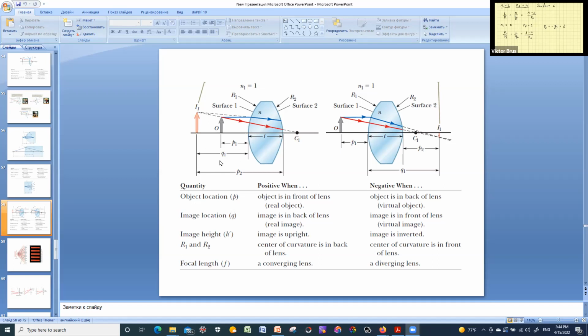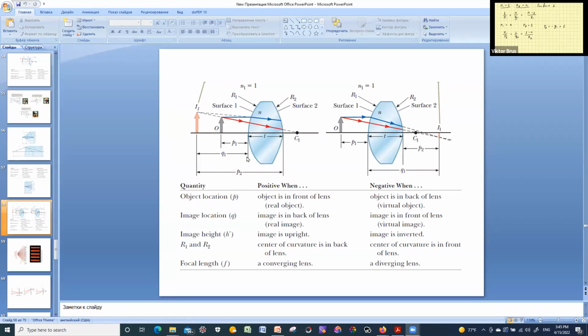But if we now want to consider this as a new object for second surface, then this distance must be positive. So that's why we take minus Q1, negative value of Q1. So it was negative, with that minus which we added will become positive.